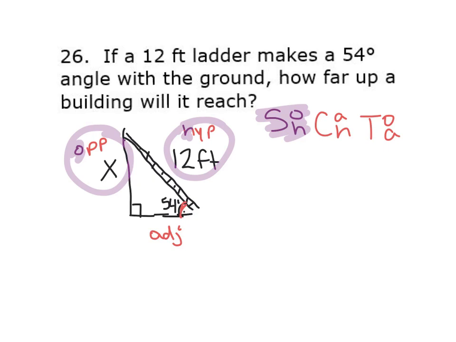That gives me sine. And this time I know my angle, so I do not need to use inverse. It tells me sine of 54 degrees is going to be equal to my opposite, which is x, divided by my hypotenuse, which is 12. In getting the x by itself, we're going to multiply both sides by 12.